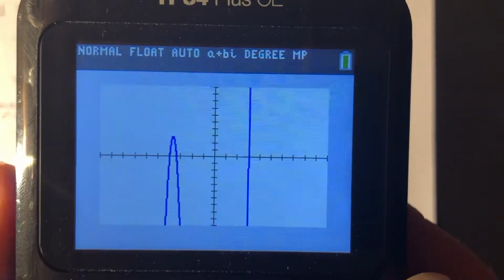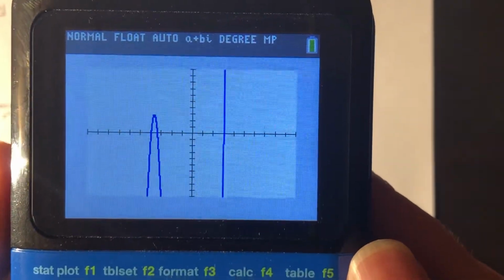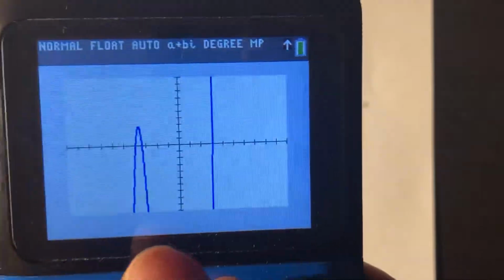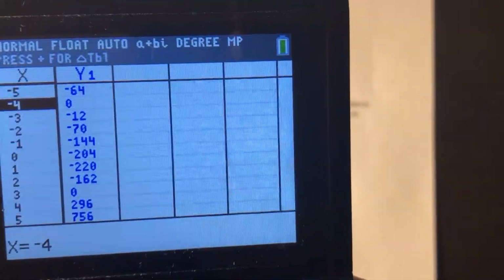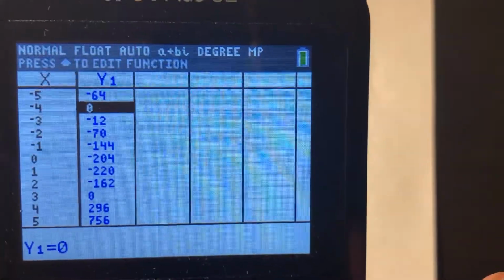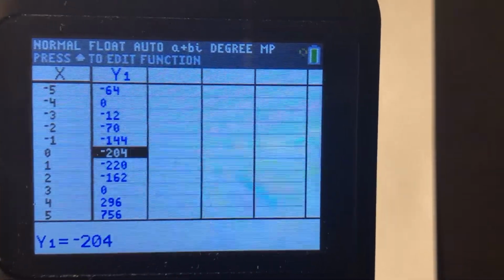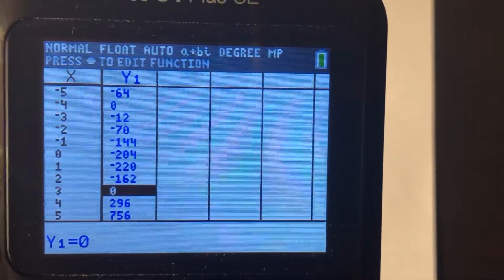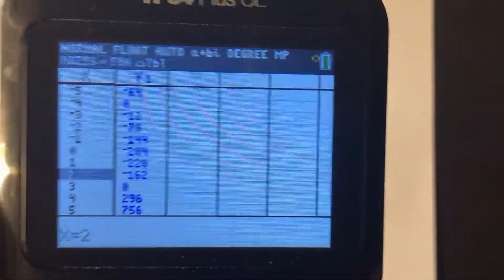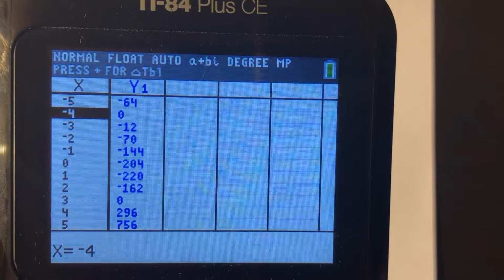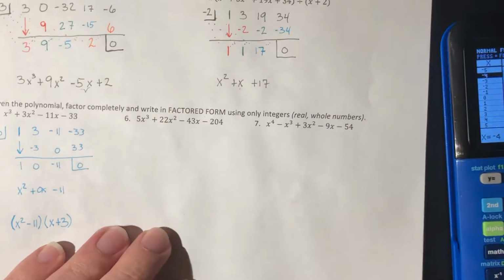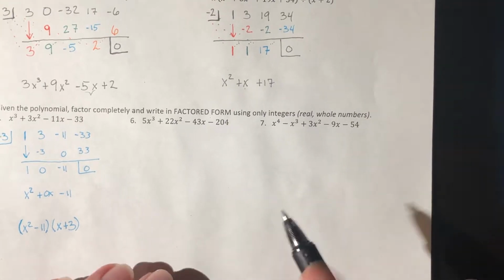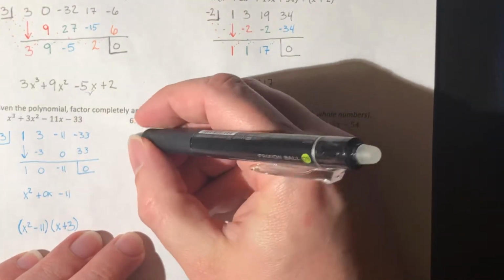Now what we notice about this is I pass through 3 times, and when I look at the table, I have 2 rational zeros. There are 2 places that I can see that y equals 0. I've got 3 and -4. So that tells me I need to do synthetic division twice, once for each of those zeros.